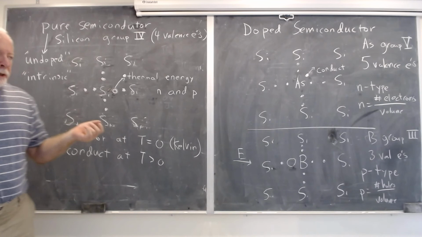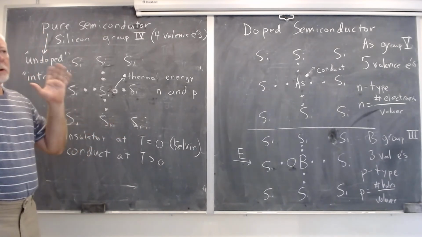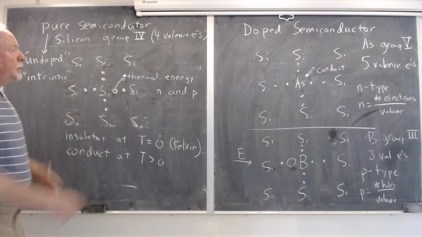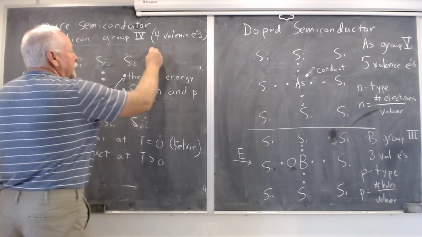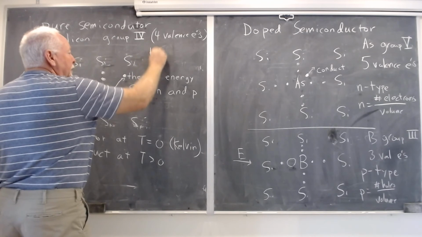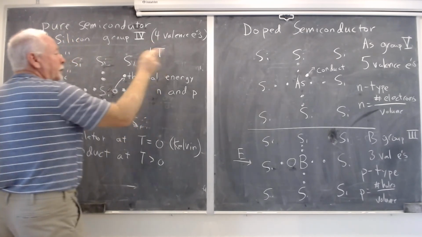Well, it's a Fermi-Dirac in this case, but all it means is that at room temperature, and we do have to know this to a certain extent, I think, there's something called kT, which is the thermal energy.